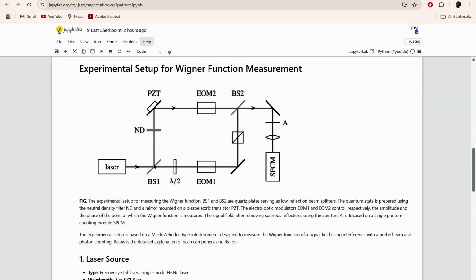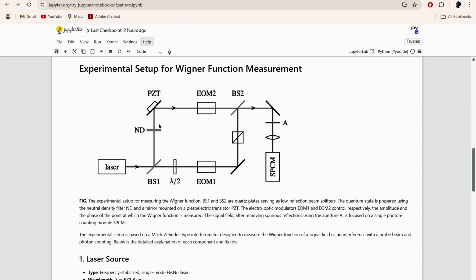This is our beam splitter one, and the ratio of transmission to reflection is very high, so most of the light is transmitted and very little is reflected. The transmitted light is called the probe light, and the reflected light is called the signal.